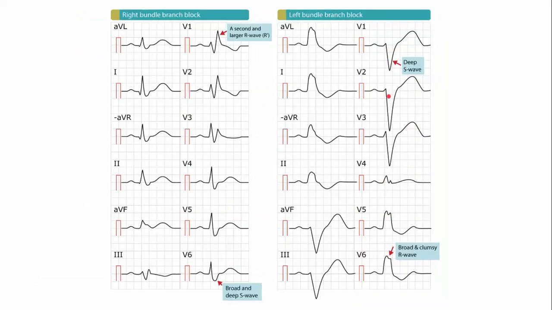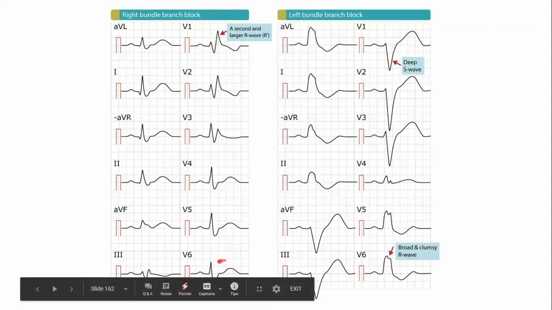The real take-home message is, first, in the setting of chest pain, if there's a bundle branch block, we can't take it for granted. We always have to double check the status of the bundle branch block. Again, a right bundle branch block, just to review, has an R and an R prime and a broad QRS pattern in V6.